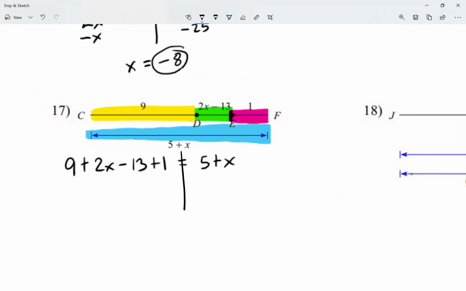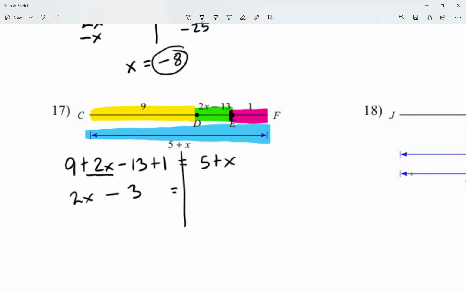Let me separate my sides to the equal sign. Let me combine my like terms. When it comes to letters, I only see a positive 2x. When it comes to numbers, I see 9 minus 13 plus 1. Now 9 minus 13 plus 1 happens to be negative 3. So let me write this as a minus 3 or negative 3.